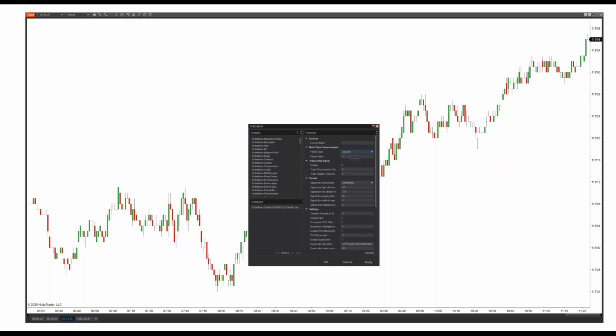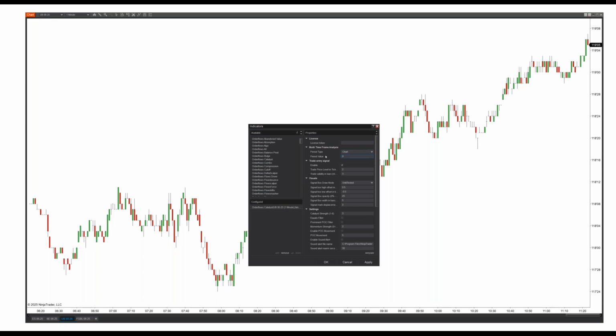So 30 seconds, if I have a 1 minute chart open and I want to analyze a bit faster off a 30-second chart, I could just change it to second, put 30. Say I want to use a 3 minute on a 1 minute, I could do that, or a 5 minute analysis, etc. Okay, but let's keep it simple to begin with.